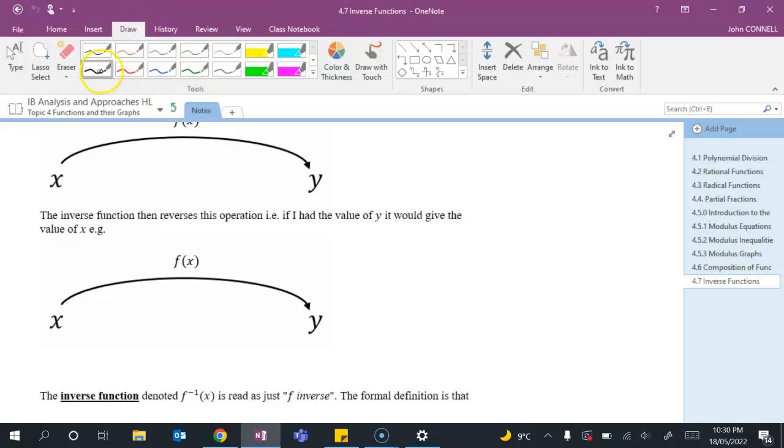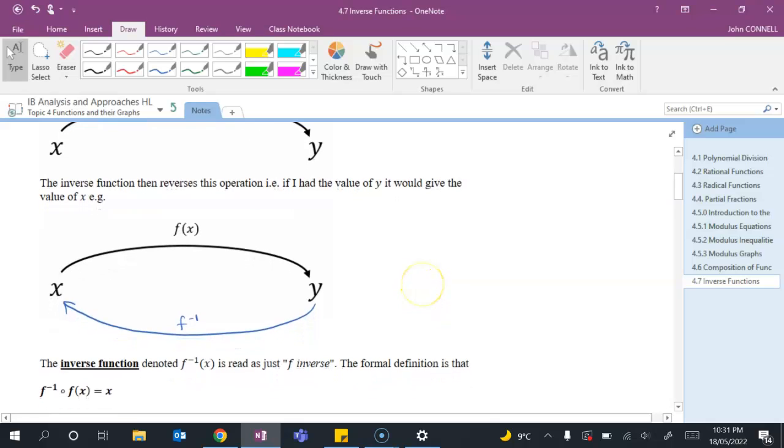So an inverse function should just work back the other way. It takes y and acts on it to give me x, and that would give me f inverse, or my inverse function, the opposite of the operation of f.